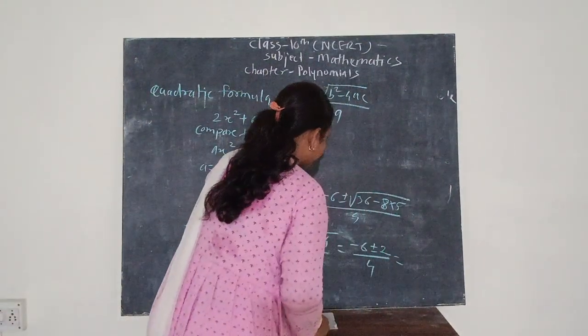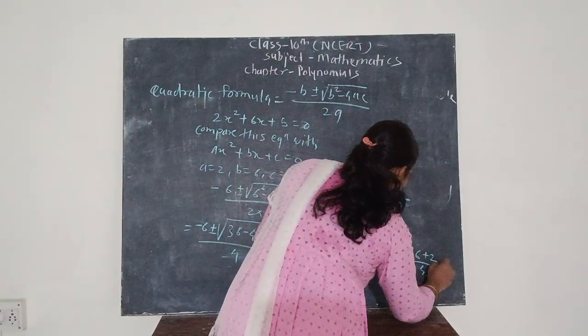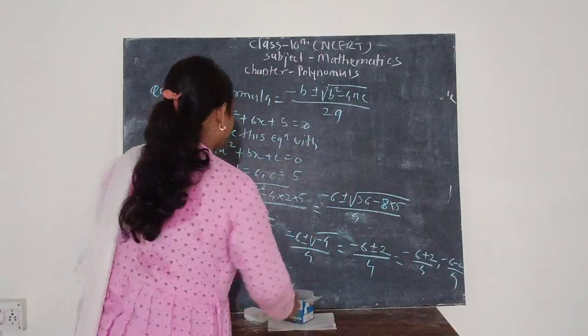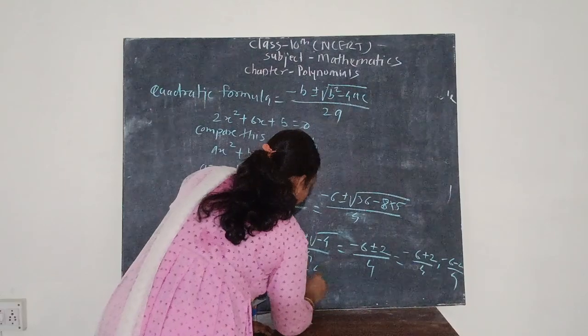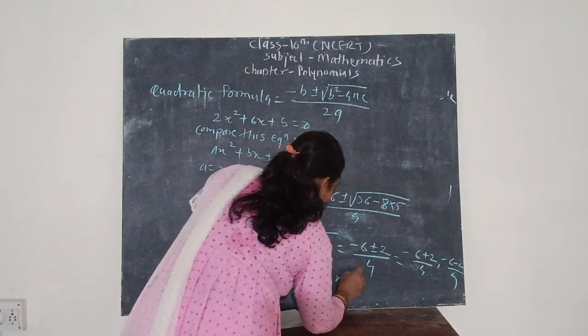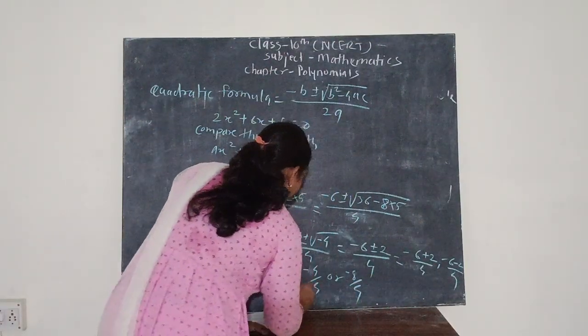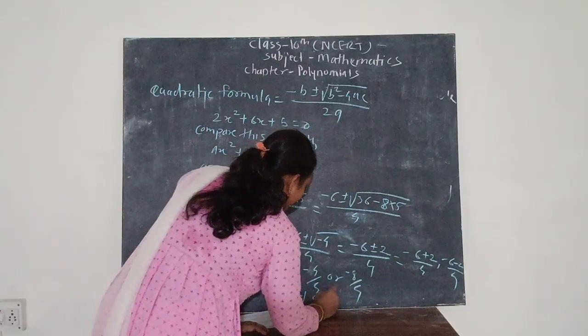Now minus 6 plus 2 upon 4 or minus 6 minus 2 upon 4. We can write minus 4 upon 4 or minus 8 upon 4. Here minus 4 upon 4 is minus 1 or minus 2.